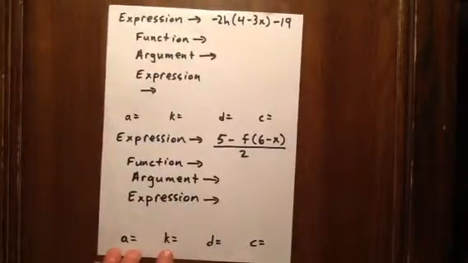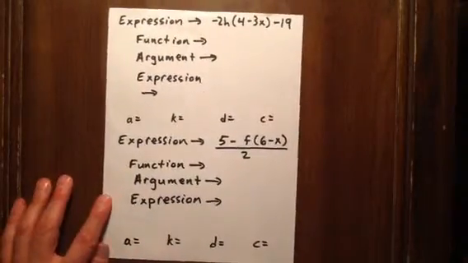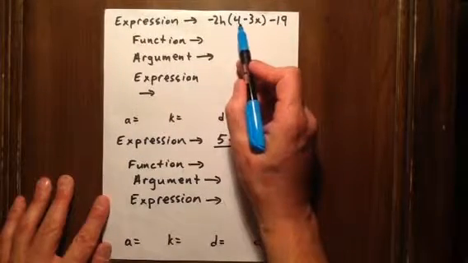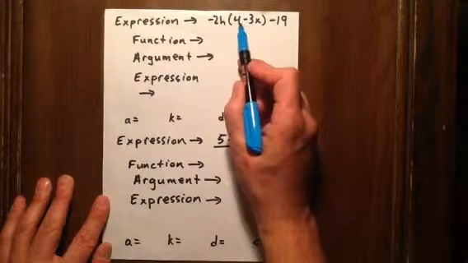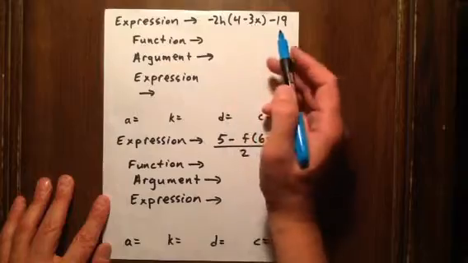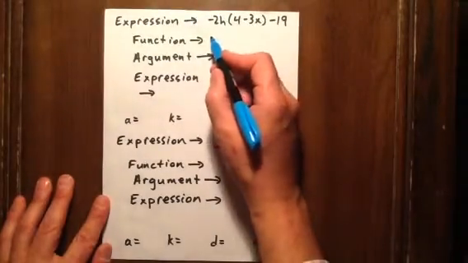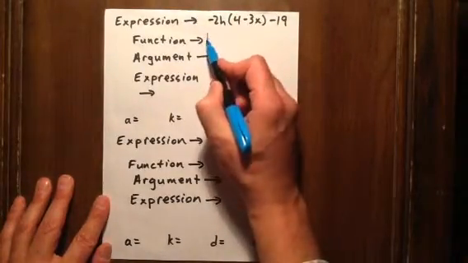Okay, just a couple more. Sometimes people see the order of the terms switch from what they're used to. That's no big deal. We see here our function is h.